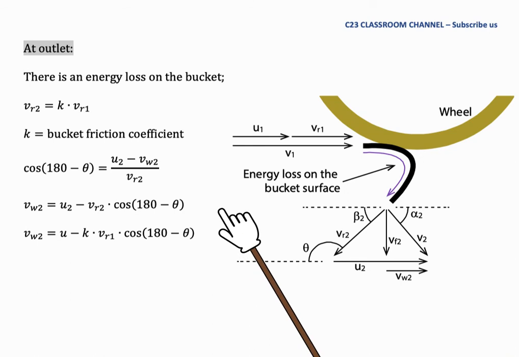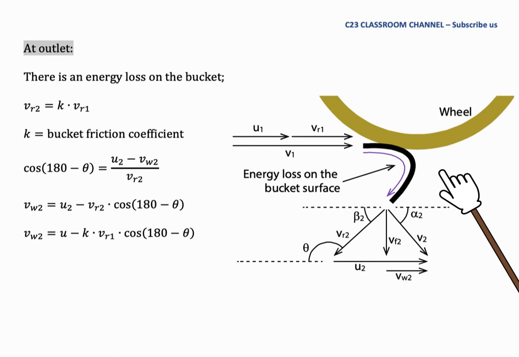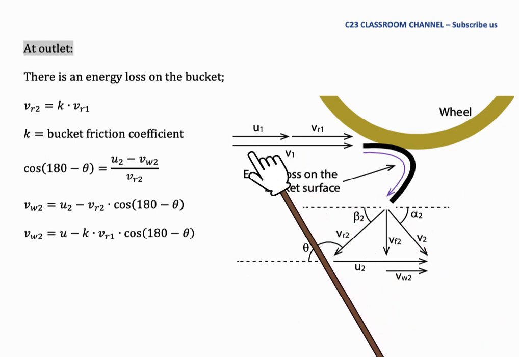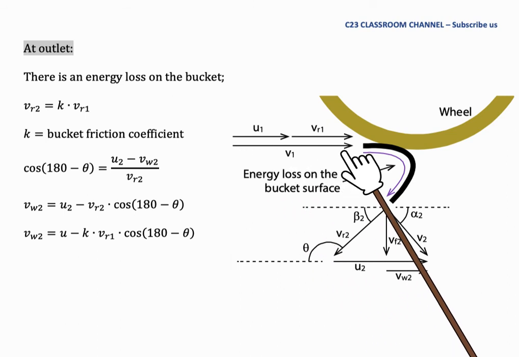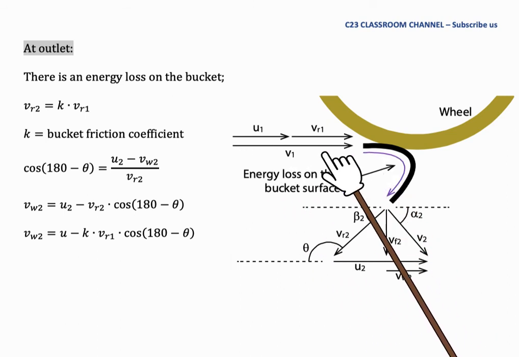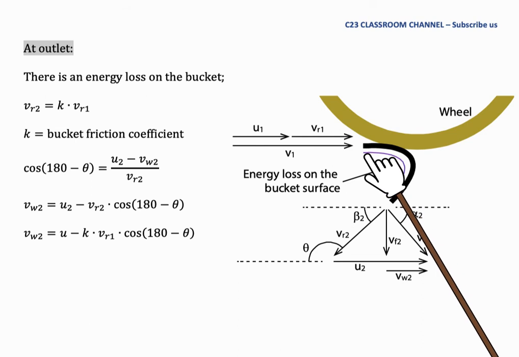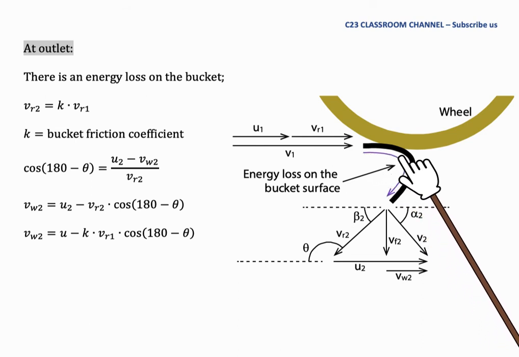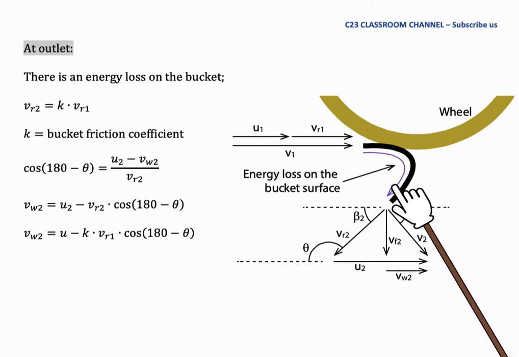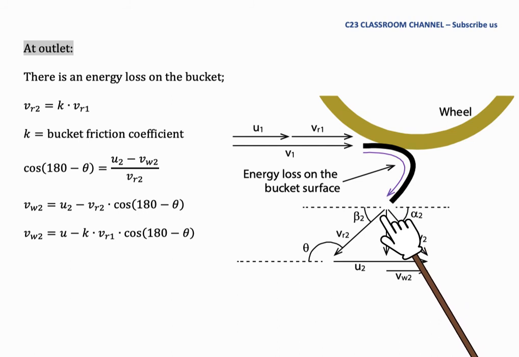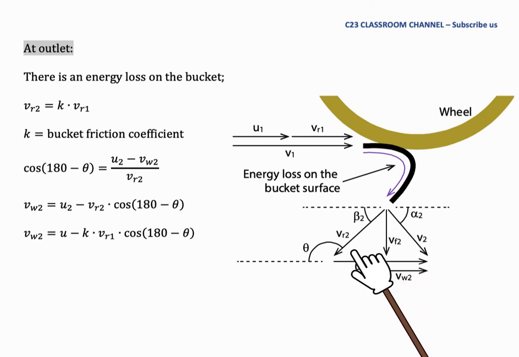And this is the calculation or assumption that we need to understand for the outlet. First, when V1 hits the bucket, the velocity will flow according to the shape of the bucket, and then come out as VR2 here. This is V2, and this is the component of VR2.